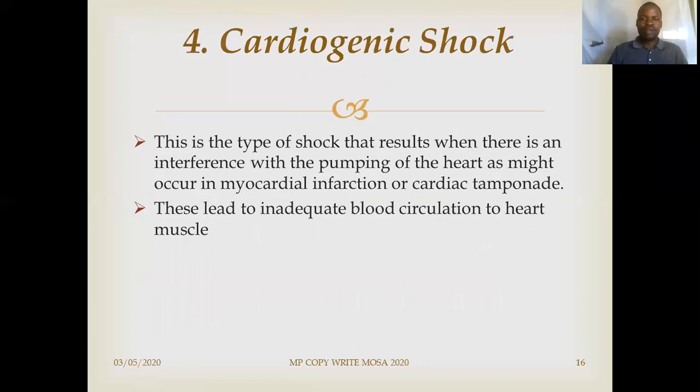Another classification of shock is cardiogenic shock. This is the type of shock that results from an interference with the pumping of the heart, as might occur in myocardial infarction or cardiac tamponade. This leads to inadequate blood circulation to the heart muscle.